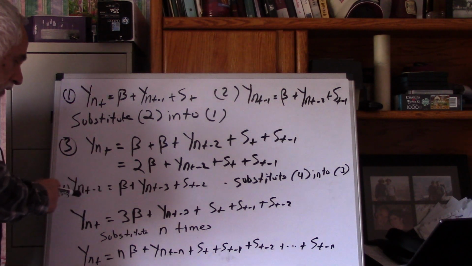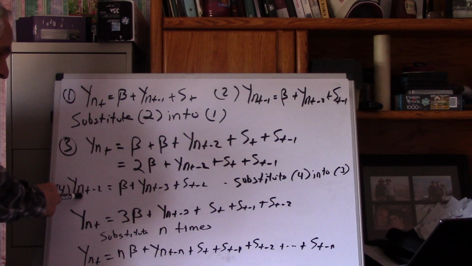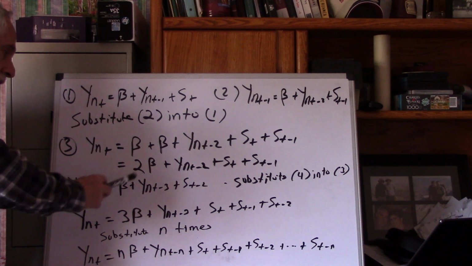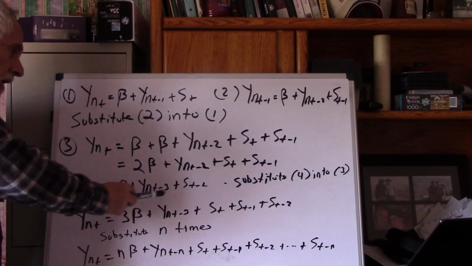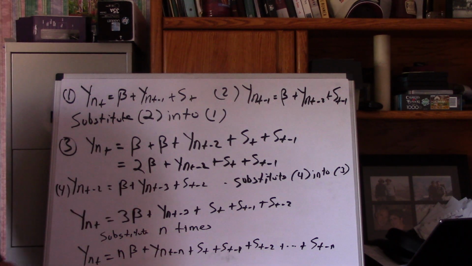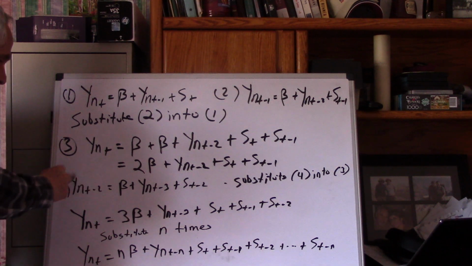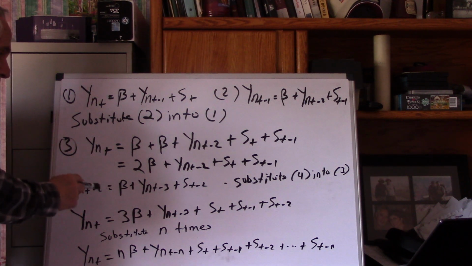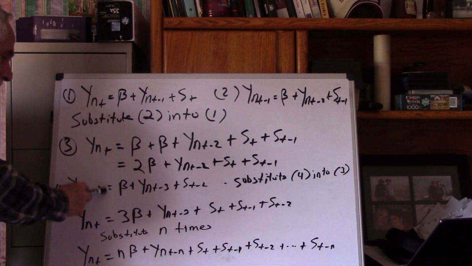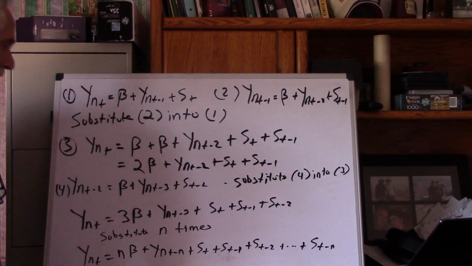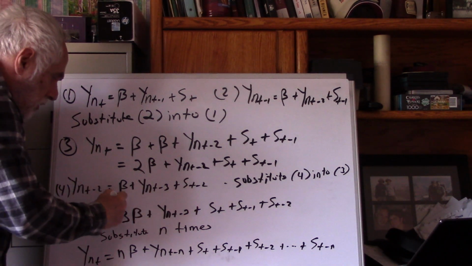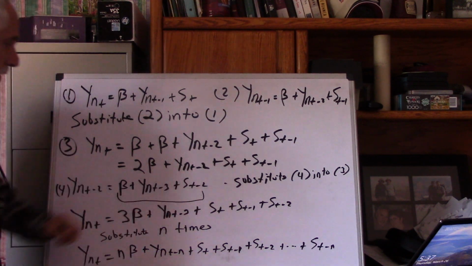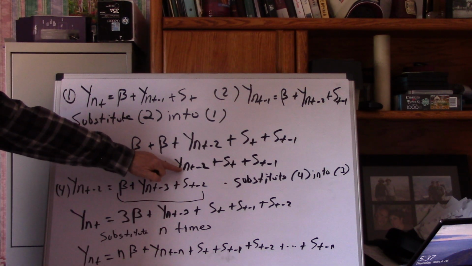Now what I do is the same substitution. I write down an expression for YNT minus 2, which equals beta plus YNT minus 3 plus ST minus 2. What I then do is substitute 4 into 3. So I've got YNT minus 2 equals this, and I substitute this amount in there for YNT minus 2.